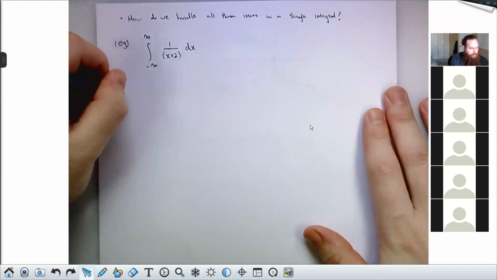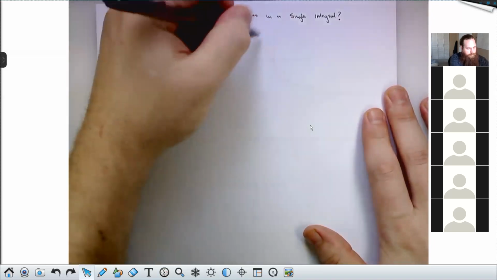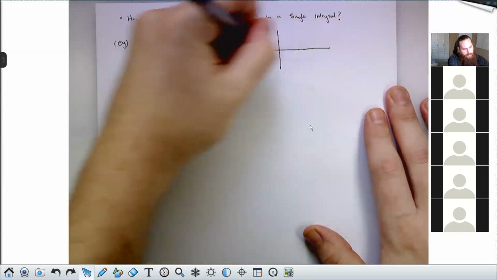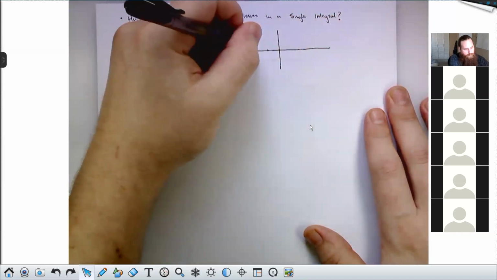We split this as, let me draw the graph here. So -1, -2.